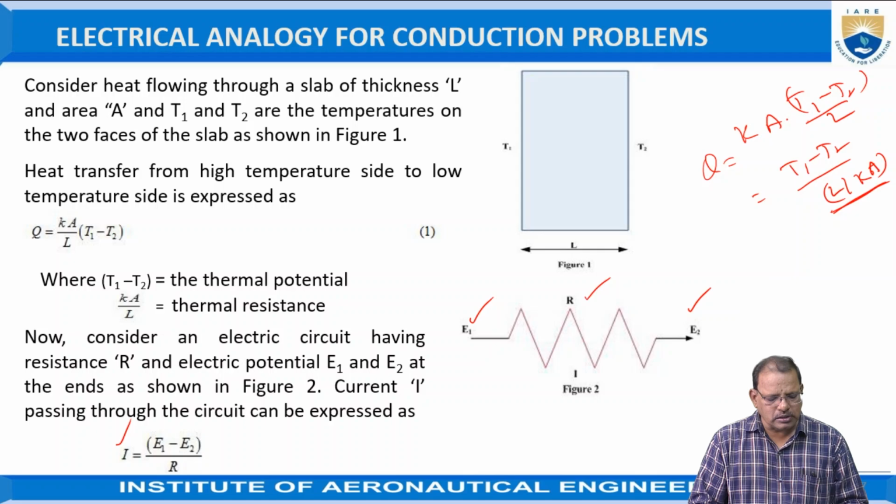The potentials E1 and E2 at the two ends are equivalent to the temperatures T1 and T2, and the electrical resistance is equivalent to the thermal resistance, represented as L by KA.